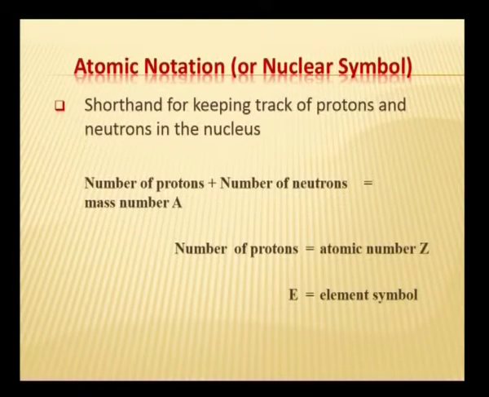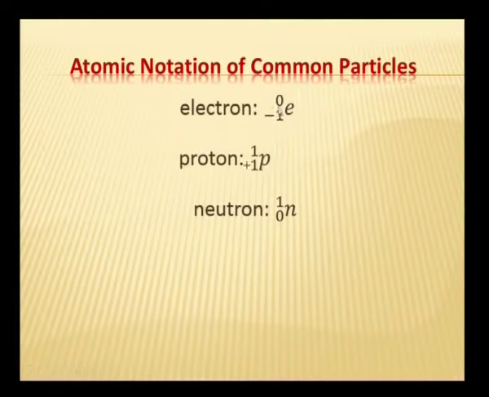The notation or symbols used in nuclear physics: the number of protons plus the number of neutrons is the mass number. The mass number is denoted by letter A. The number of protons should be equal to the number of electrons, that is the atomic number Z. E is the symbol for the element. So, you have 0 here, that is the mass number, and -1, that is the charge of the electron.